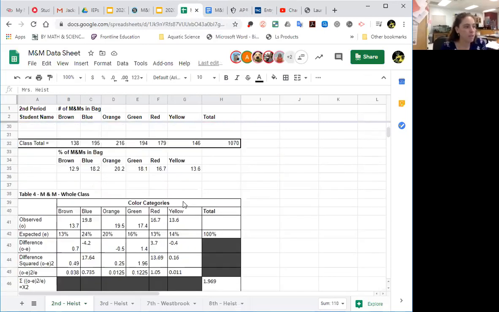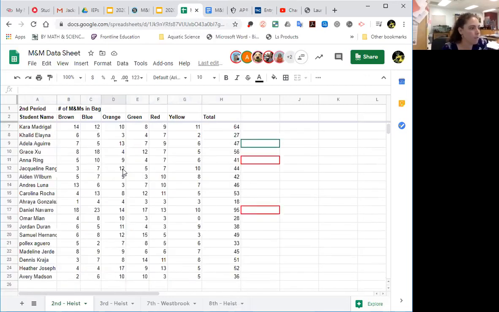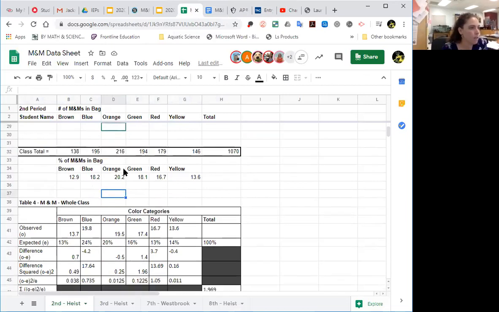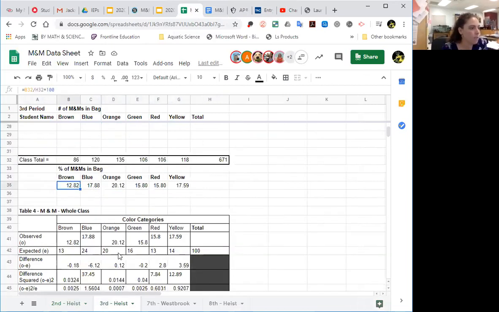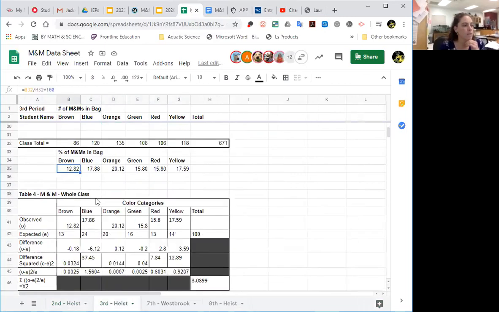I actually have table 4. It's completed down here. And here we go. Somebody must have added something later. The numbers aren't matching. They match here. This is the third period's data.